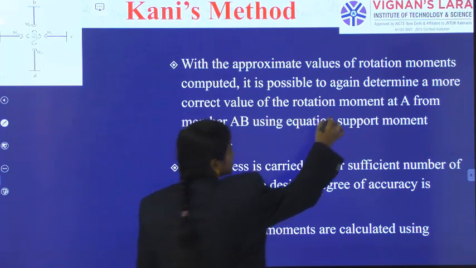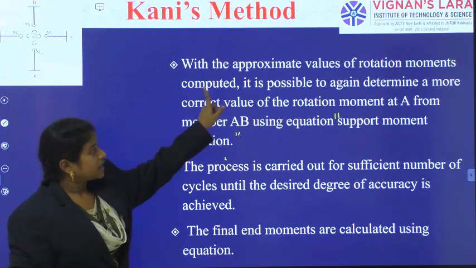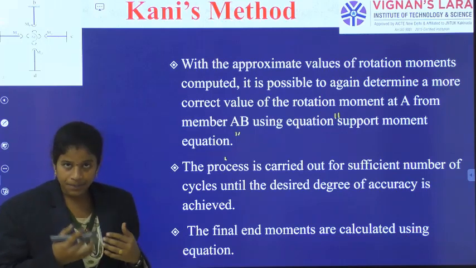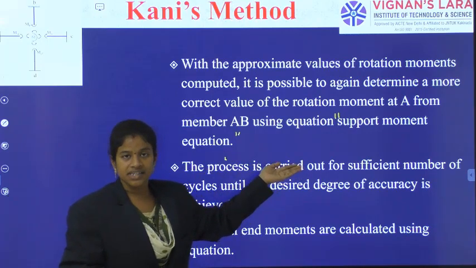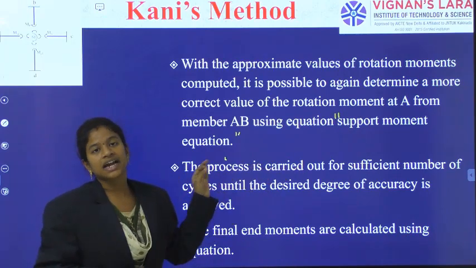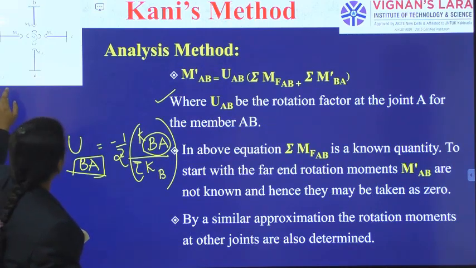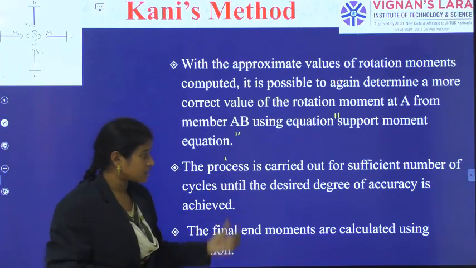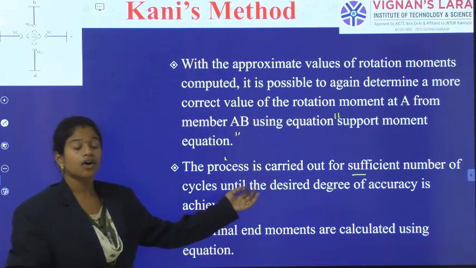Starting with an assumption, with repeated iterations or cycles I get more accurate values. The process is carried out for a sufficient number of cycles until the desired degree of accuracy is achieved.